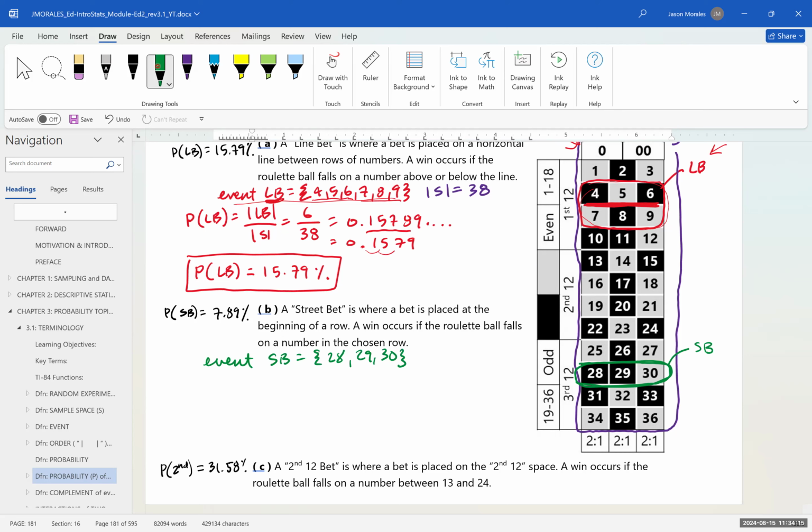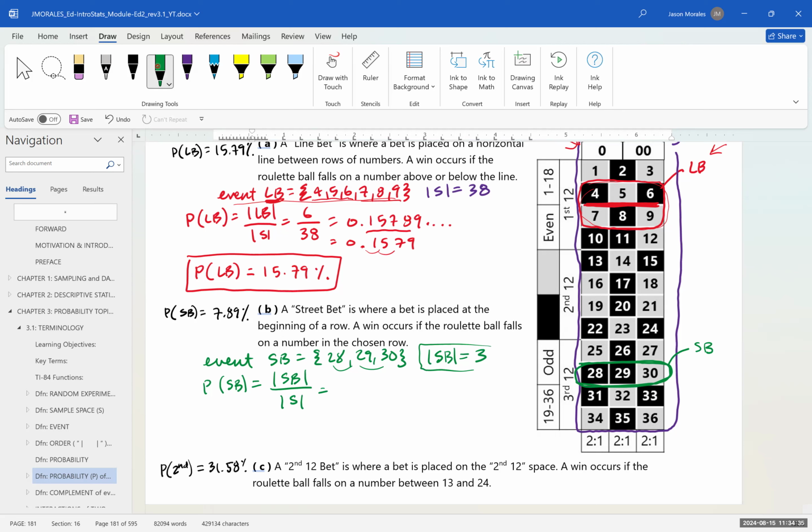So what's going to be the order of that event? 3, because there's only 3 elements in that set. So the probability of a street bet is going to be the order of the street bet event over the order of the sample space.